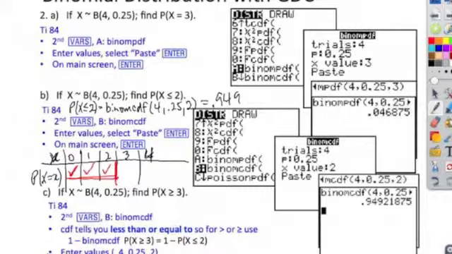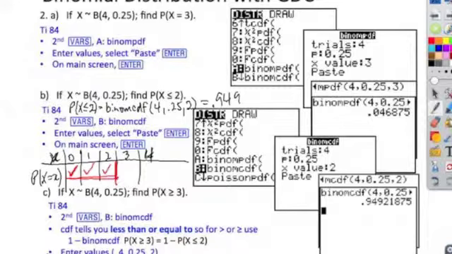So what we have to do is manipulate how the calculator is going to perform this. I only want the values 3 and 4. Now I could calculate the probability of 3 and the probability of 4 using binom PDF and then add those, but that's a bit longer process.